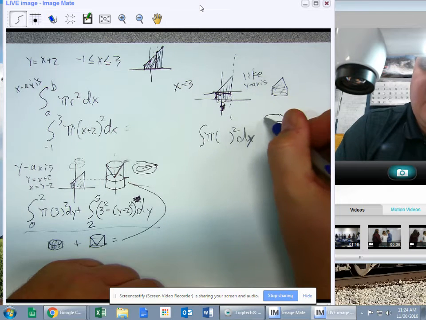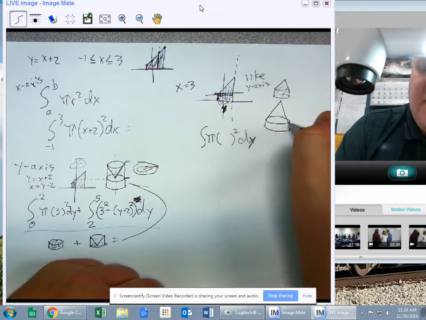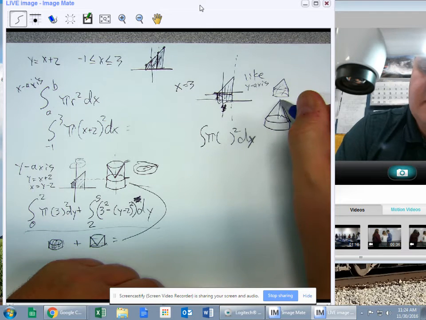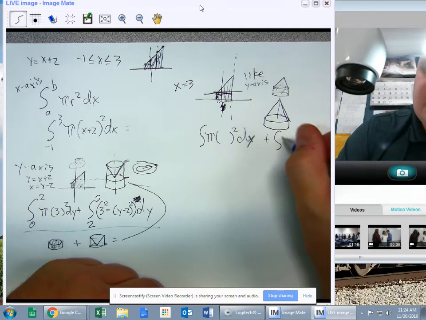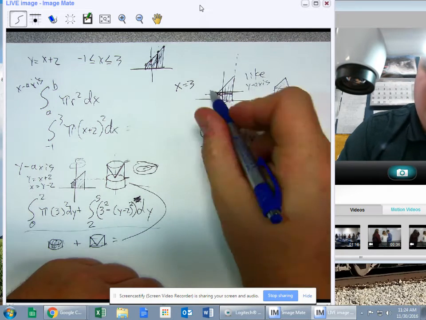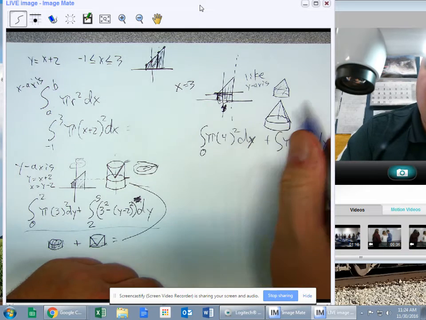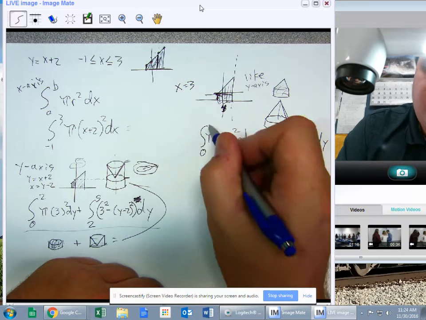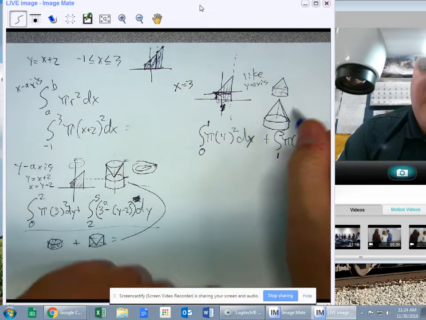I have kind of the tuna can on the bottom, and then I have the cone on the top. So I'm going to actually have to do two of these. Pi r squared dy. Now, on the bottom, it's for the entire time from 0 to, well, where's this corner? 0 to 1. And so from 1 to 5, I have this.